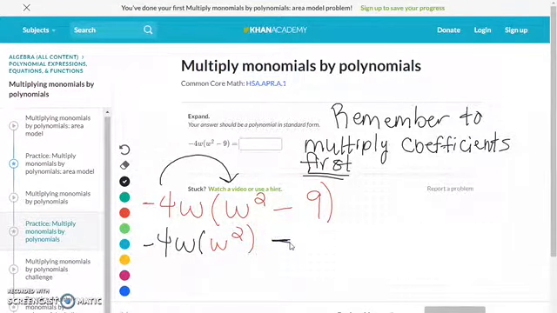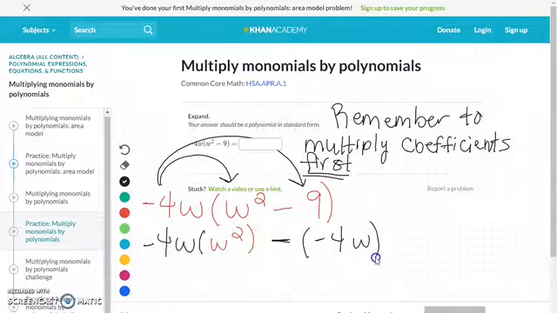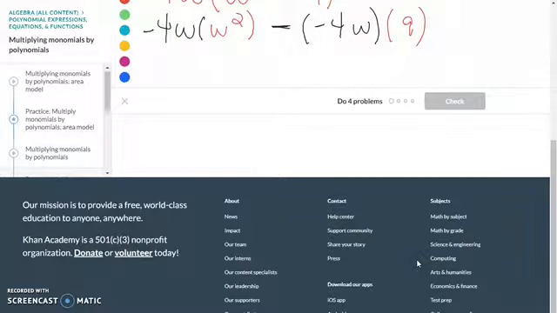And then I'm going to draw another arrow. Negative 4w times negative 9. So it's going to be subtracting negative 4w and then times the 9. The subtraction sign is another way of saying negative.